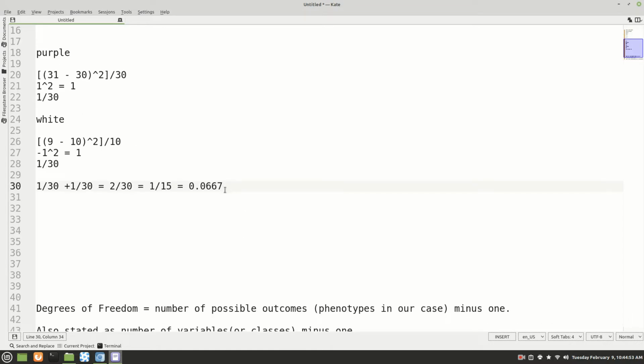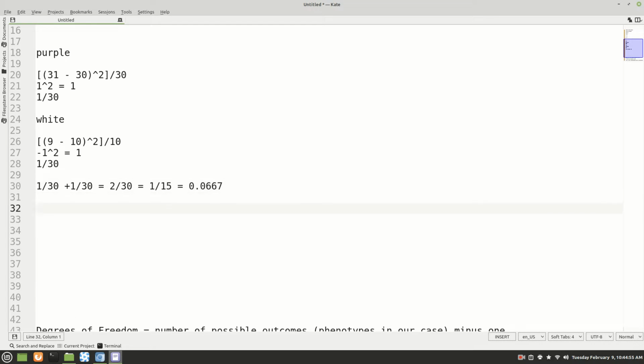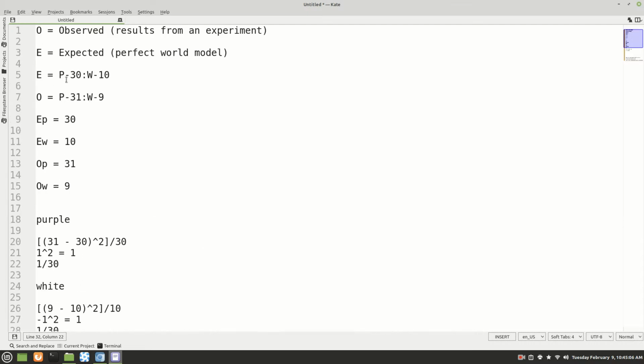Now here's something to remember. If you get it perfect, as in these numbers are the same, you got 30 to 10, and over here you got 30 to 10, what would you get?